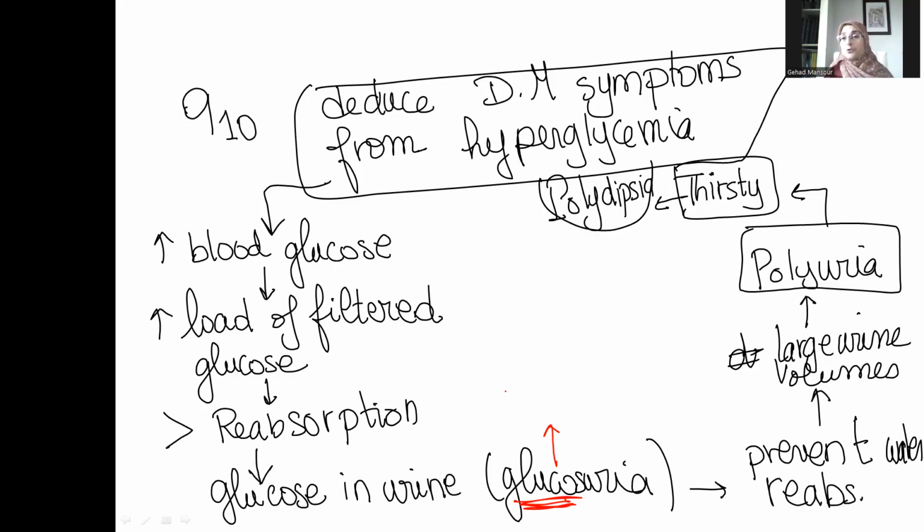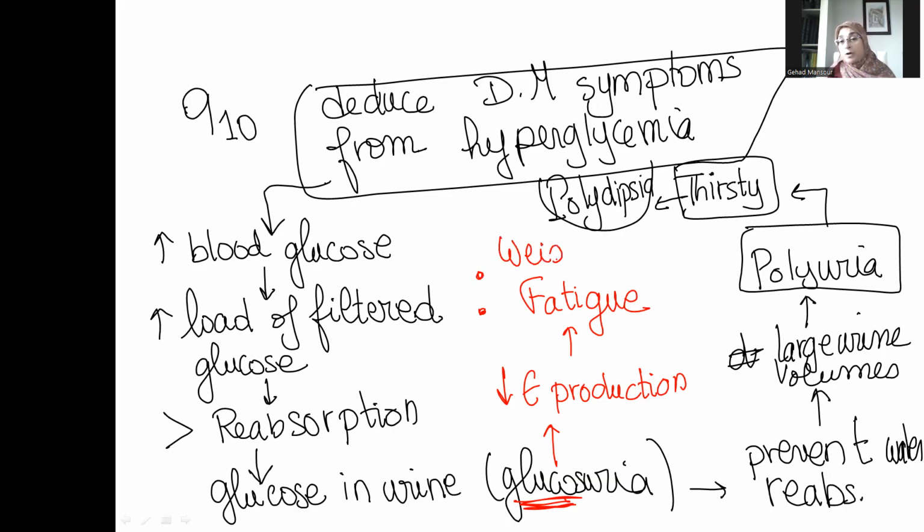So if you lose your source of energy in urine, then there will be diminished energy production by the cells. And if there is diminished energy production by the cells, then the patient will be constantly fatigued, and there will be weight loss because the calories the patient is eating are being lost in urine.